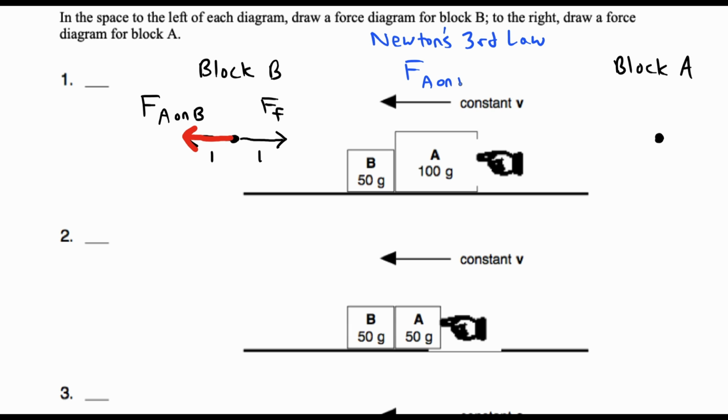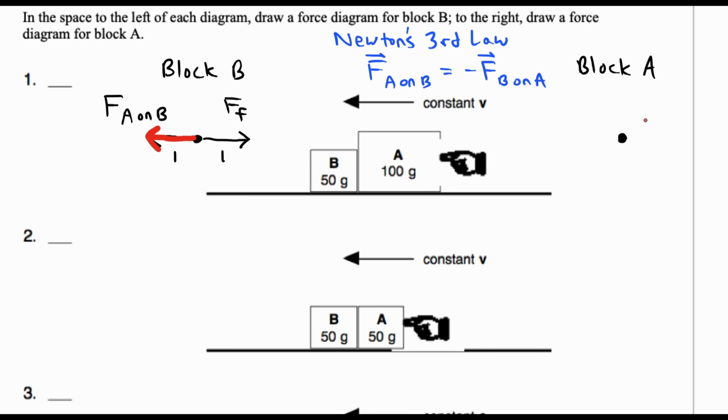F of A on B is going to be equal to the opposite of F of B on A. They'll have equal magnitudes, but they're going to be 180 degrees opposite in direction. So since I drew a force of A on B pointing to the left, I have to also now draw a force of B on A with the same magnitude pointing to the right.